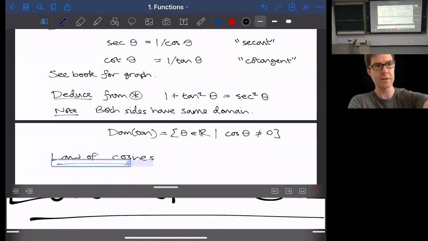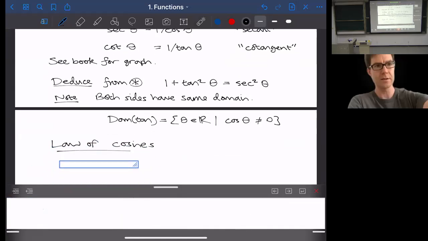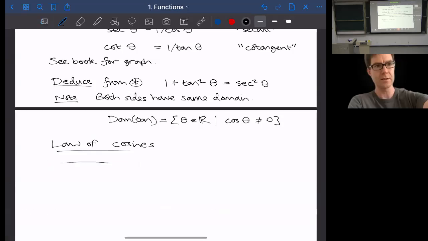Now let's apply the trigonometric functions to different kinds of triangles. So let's take a triangle with sides A, B, C, and this angle theta.